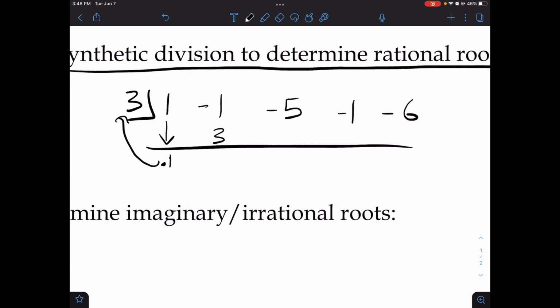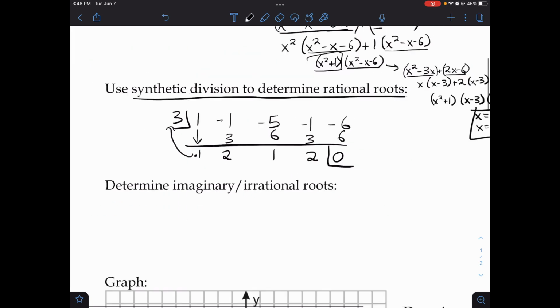Then we add these two up and we get a 2. 2 times 3 is 6. Negative 5 plus 6 is 1. 1 times 3 is 3. And 3 minus 1 is 2. So we get a 6 right here, and our remainder comes out to be 0.